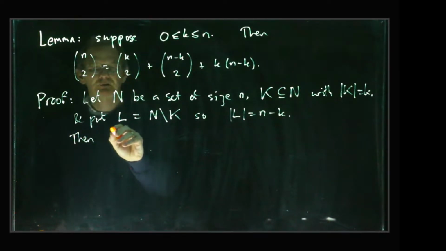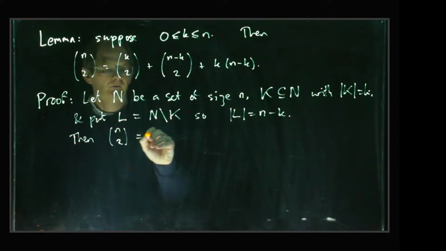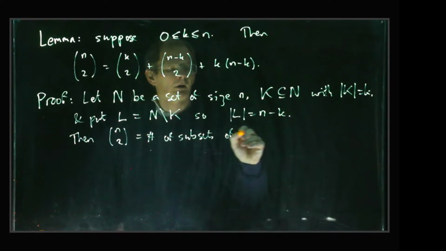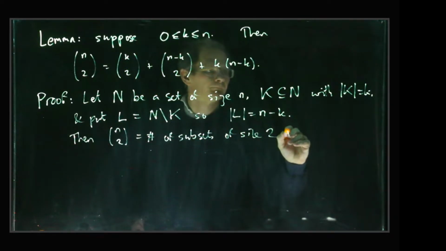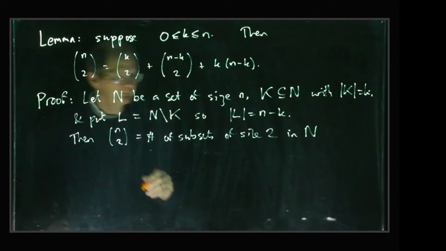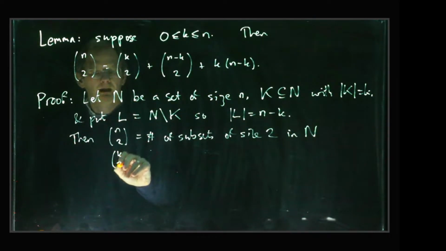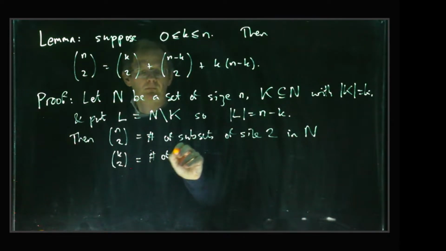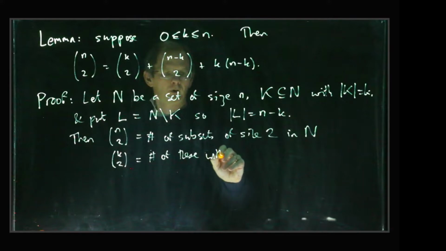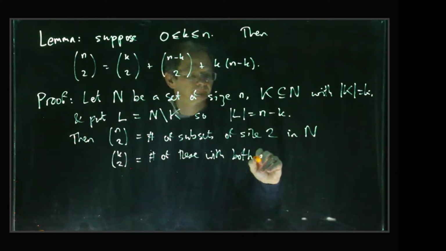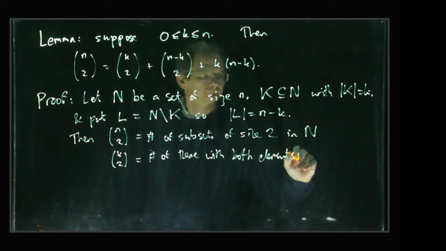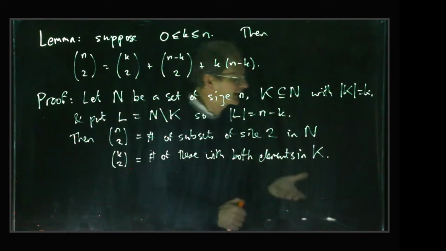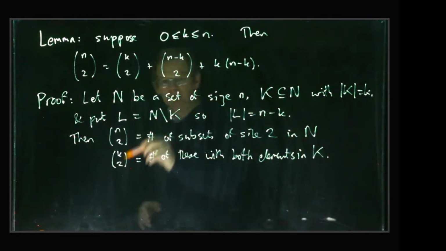Then n choose 2 is the number of subsets of size 2 in your set N. K choose 2 is the number of these where both elements are in K. When you've got both elements in K, you've just got a subset of size 2 in K, and the number of subsets of size 2 in K is k choose 2.